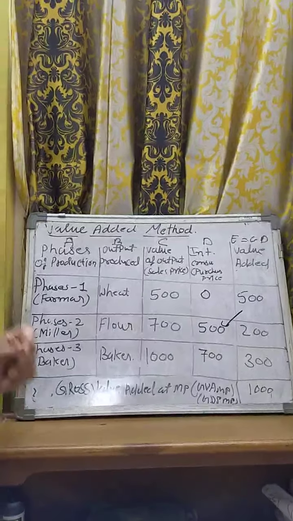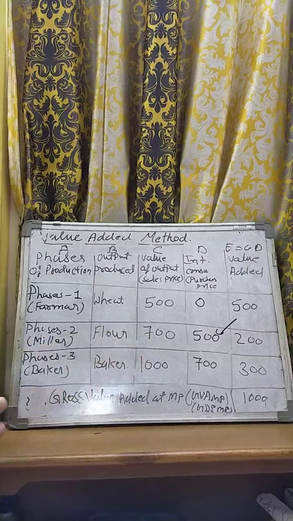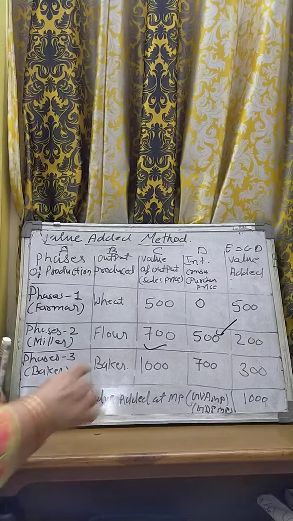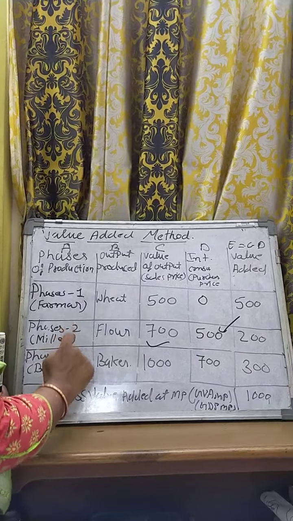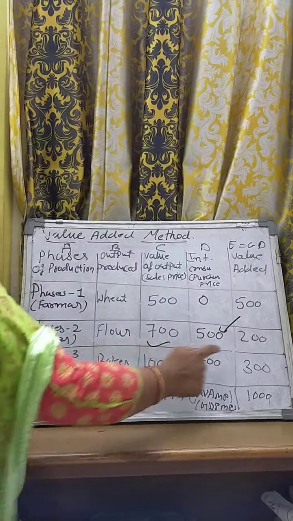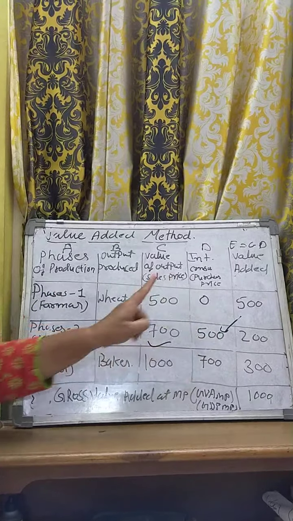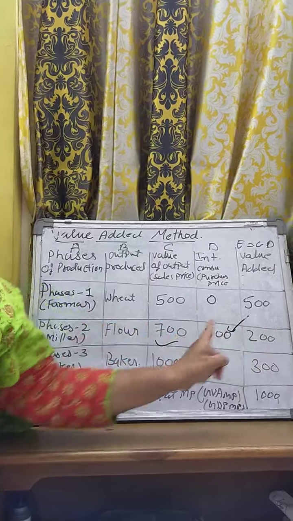Now the miller, what is he making out of it? He will make flour. Then the miller's flour price is 700. It means 700 minus 500. The miller in this phase added the value 200. It means the miller got the raw material for 500 and after that he sells the flour at 700 price.